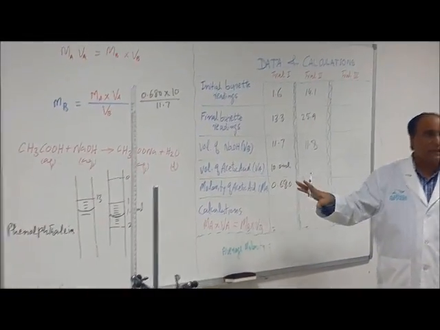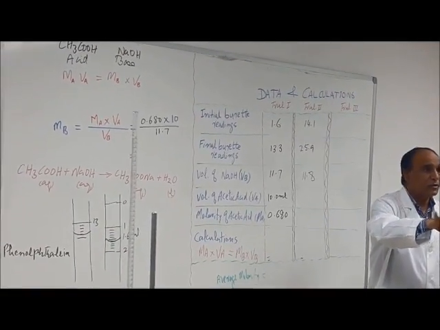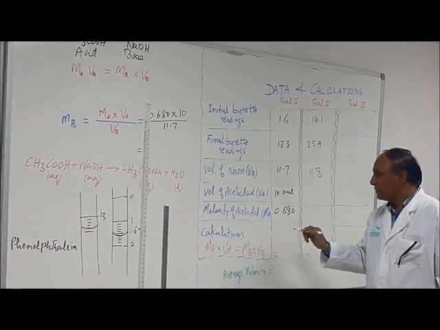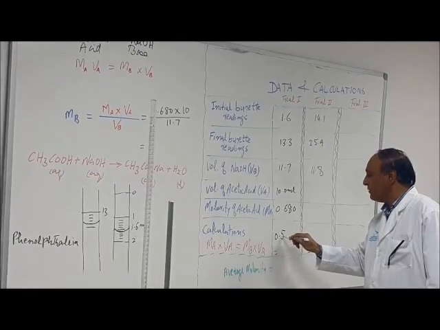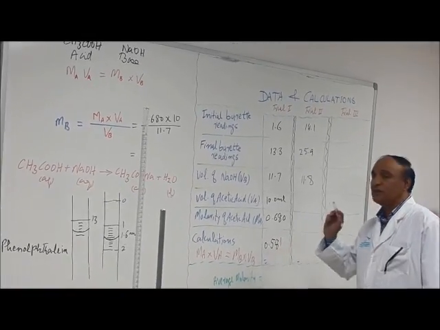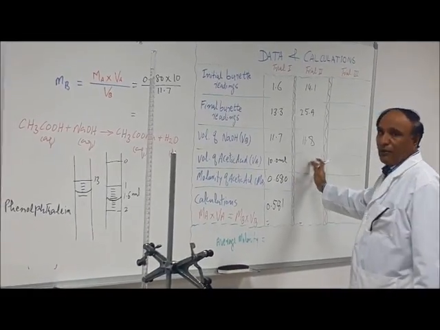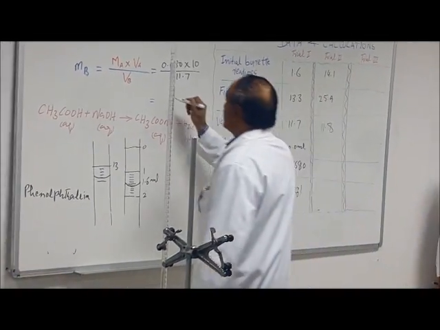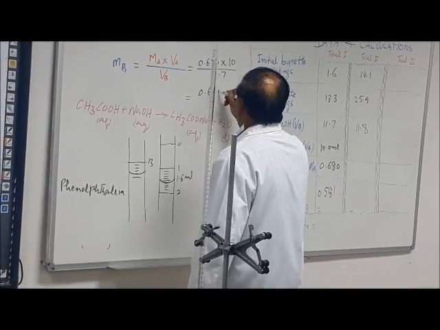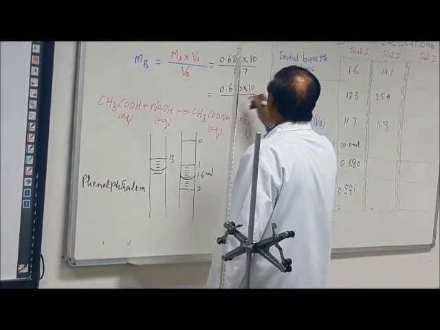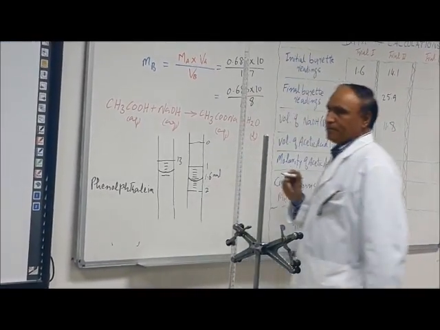This table is exactly what is in the book. So next time when you come, tell me 3 digits. 0.581. Okay. Now I will do this one: 0.680 times 10 over 11.8. Please check.